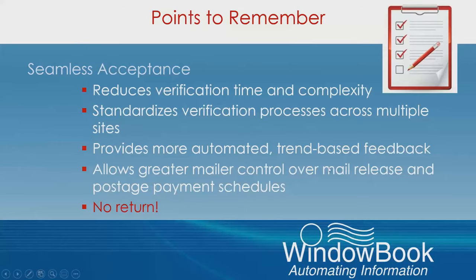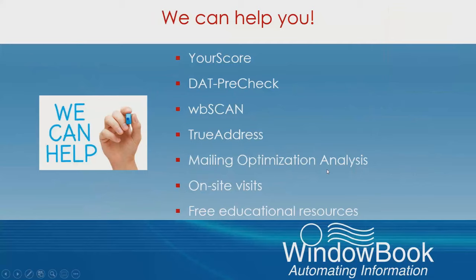And of course, as we've mentioned, we can help you. There's a whole suite of solutions that we have. Now, you don't need to have all of them. If only some of them apply to your operation, that's what you should use, and we can help you figure that out. Again, Your Score, that's the automated method to access your mailer scorecard, and that's important.